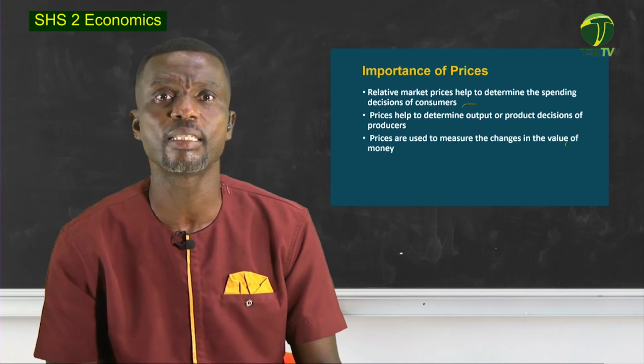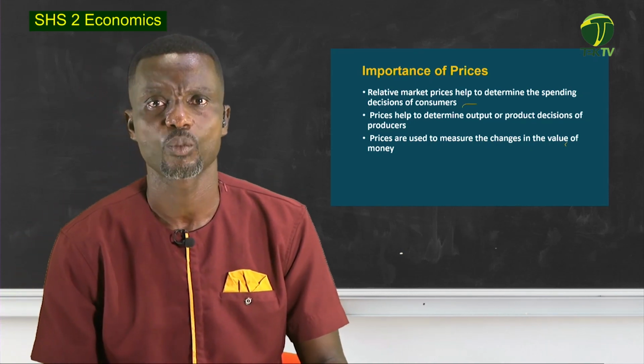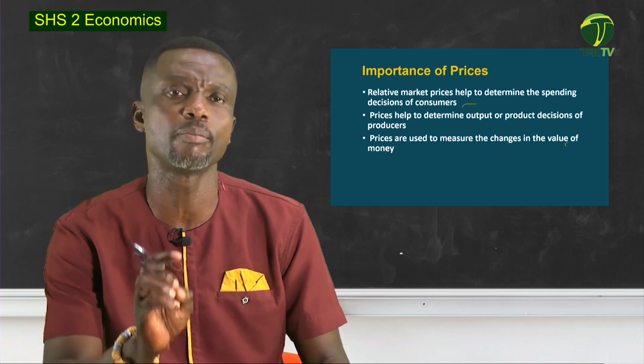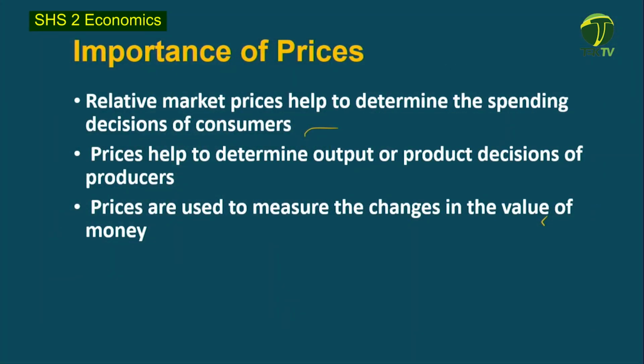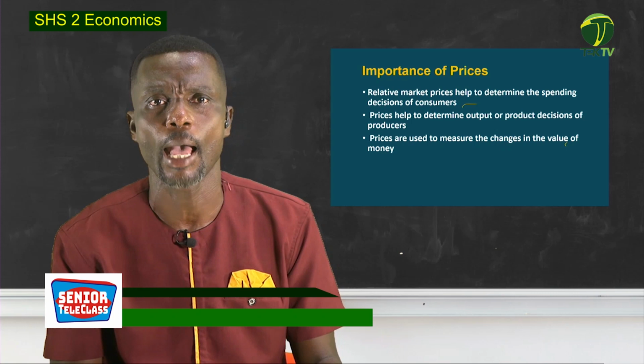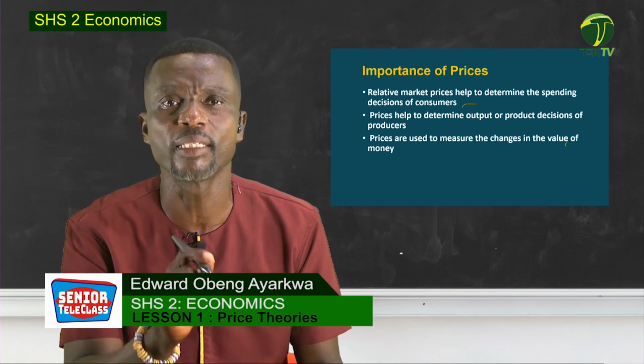The next thing is that prices are used to measure changes in the value of money. And what is the value of money? Value of money here simply refers to the quantity of goods and services that a unit of money can buy. So if 1 Ghana cedi can buy 5 sachets of water, then the 5 sachets of water is the value of 1 cedi.